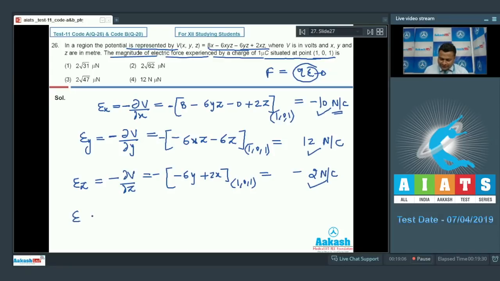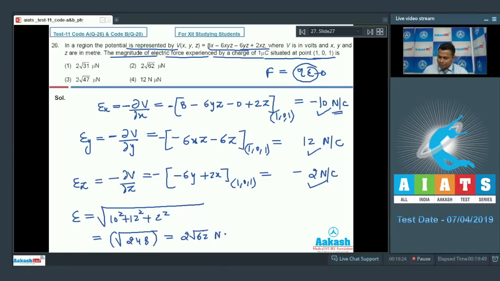So magnitude of electric field we simply can write as under root of 10 square plus 12 square plus 2 square, that is under root 248 or 2 under root 62 Newton per coulomb.